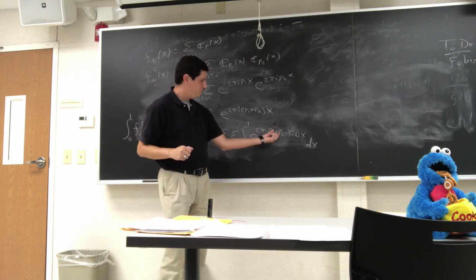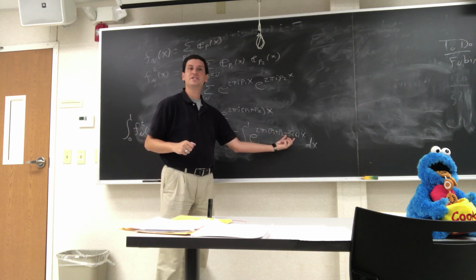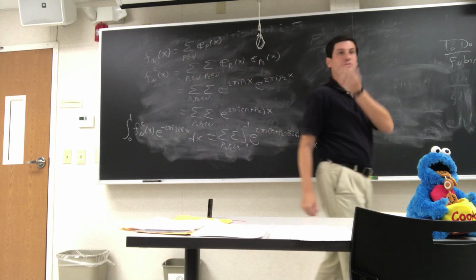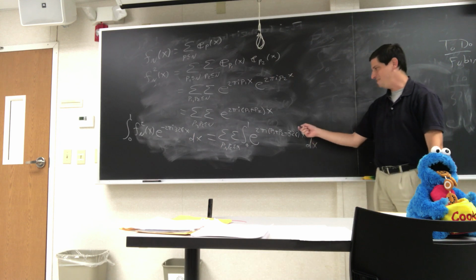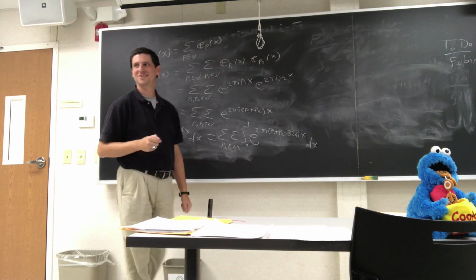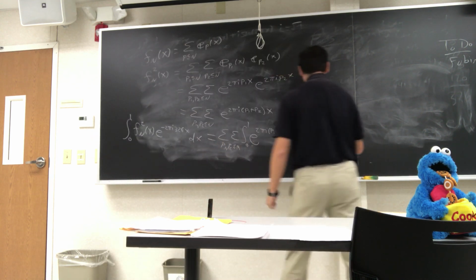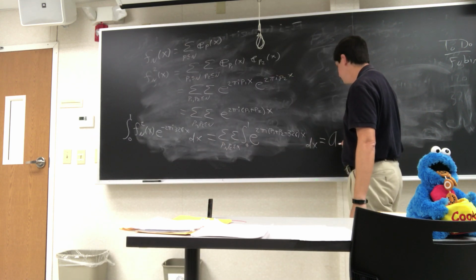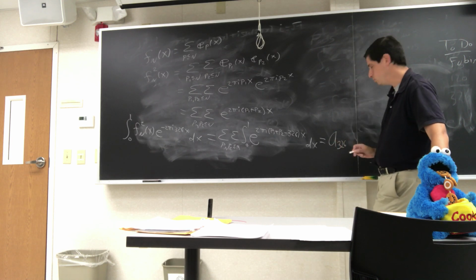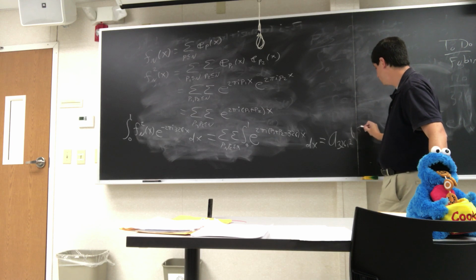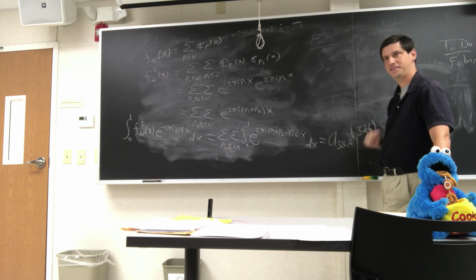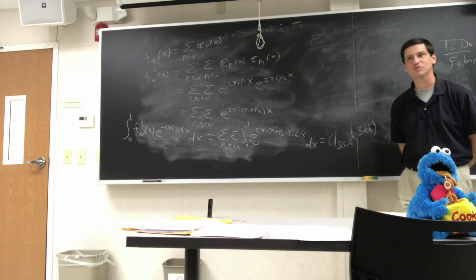Yeah, if p1 plus p2 is not 326, then I'm integrating sines and cosines that have a non-trivial period. Period 1, period 2, period negative 5, whatever. And if p1 plus p2 equals 326, it's 1. So this is just going to count the number of ways, using primes at most 326, that we can write 326 as a sum of two primes. That's our answer. We just have to see if this integral is positive.